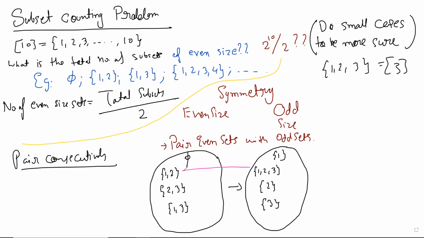If I pair like this, then what about these two? Now, if you say, okay, pair these two with size 1 subsets, but then what's the rule? If there is no proper rule, then how would we know?